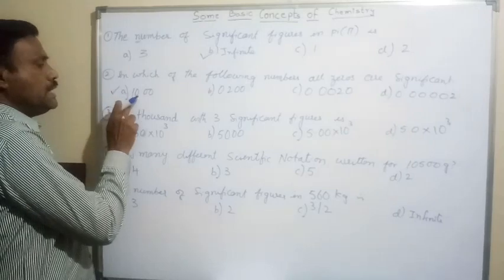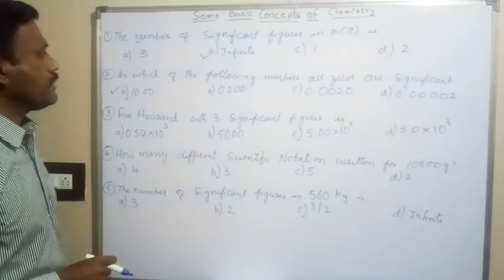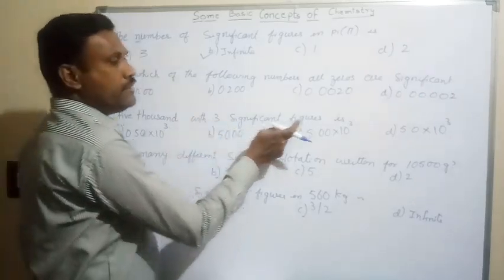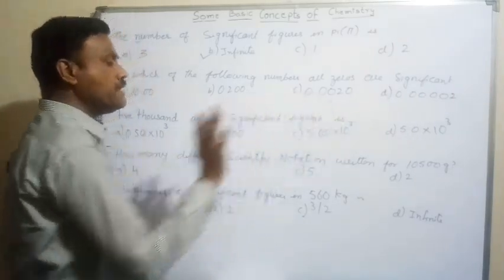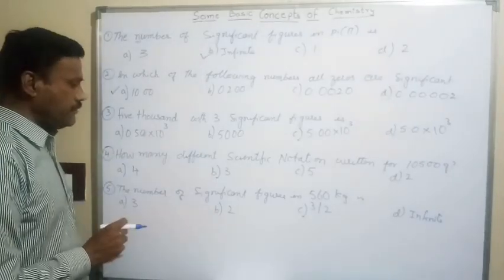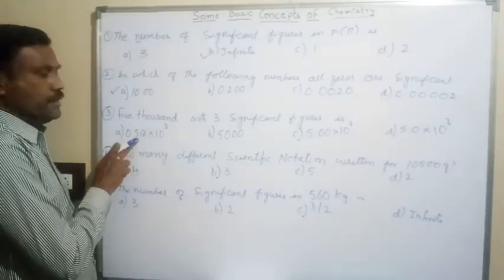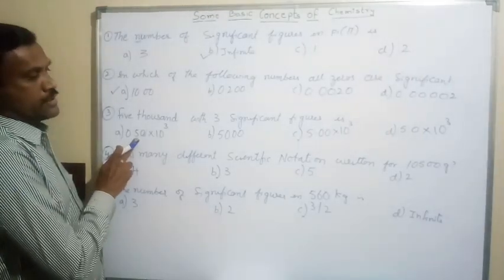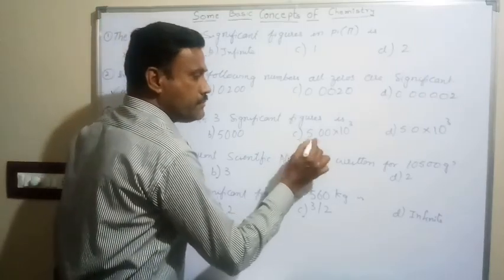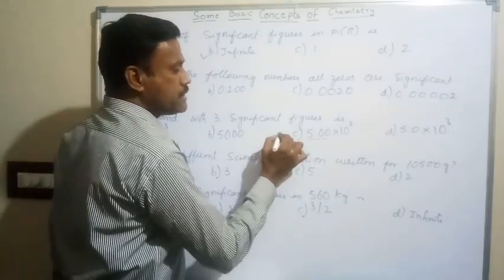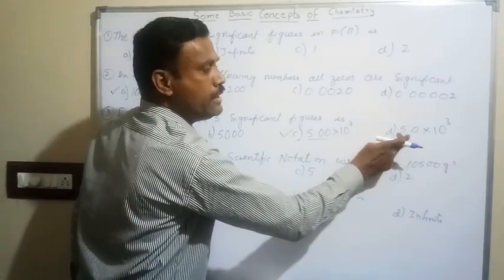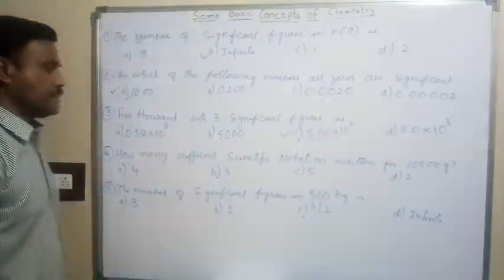Hence option A is correct. 5,000 with 3 significant figures is written as 5.00 into 10 to the power of 3. Here it is 2 significant figures. Here it is infinite. Here it is 3 significant figures, hence option C. And here it is having 2 significant figures.